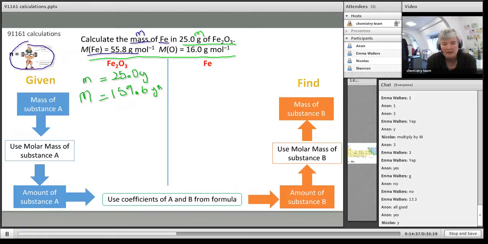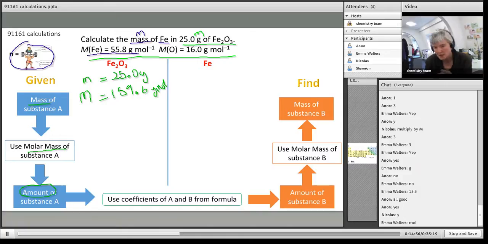Now, if I'm given those two, mass and molar mass, what can I calculate? Because what I've tried to show on the outside of here, if you've got the mass of substance A and the molar mass of substance A, you can always calculate the amount, in moles. Because it's the amount, the counting, the ratio between the two, that is the way we swap from one substance to the other.